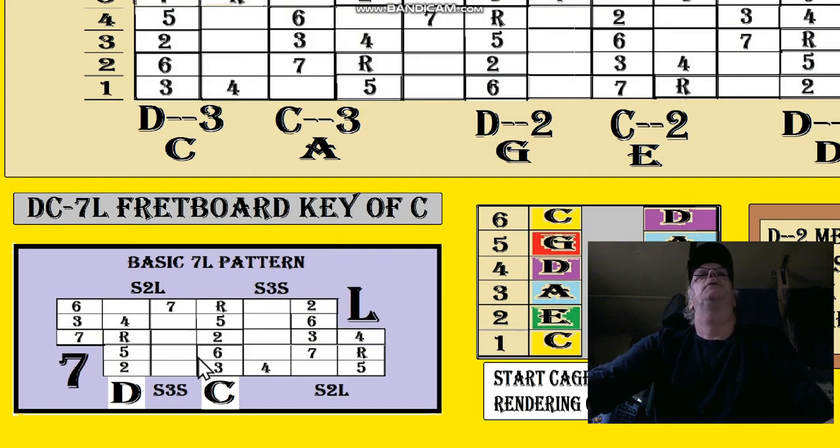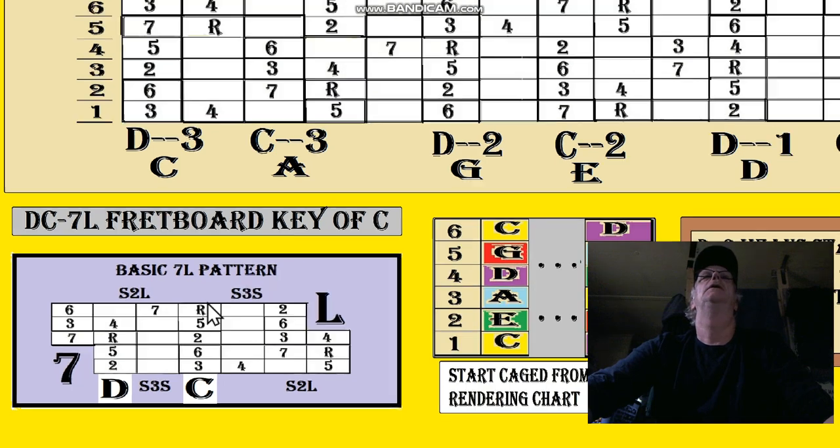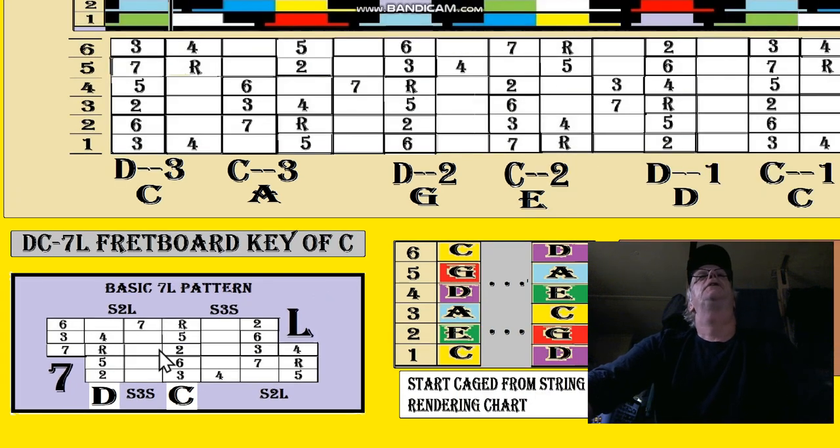What I'm saying is this core stack, before we go and look at the pentatonic scale boxes that came before this, this is where this came from. Before we do that, I just want to explain that. So down here is an S2L, 3, 4, 5, 6, 7 R, and then up here is an S3S, 2, 3, 4, 5, 6, 7 R2. But guess what?